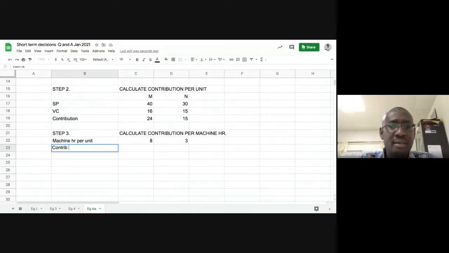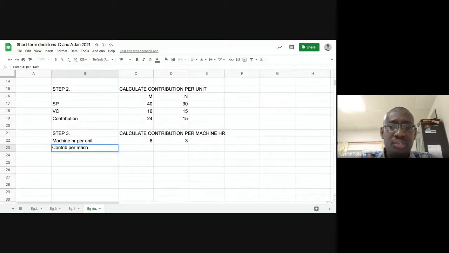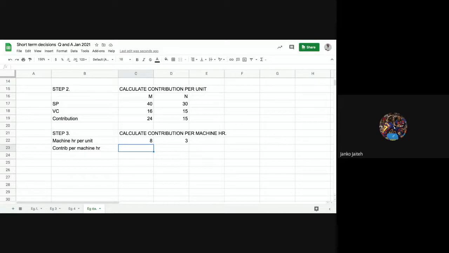Contribution per machine hour. So what's our contribution per machine hour? $24 divided by 8 and 15 divided by 3.